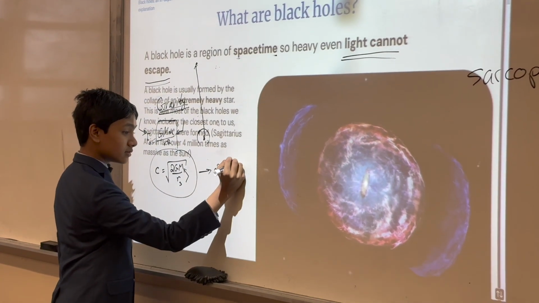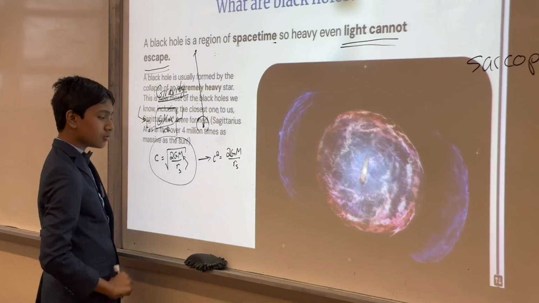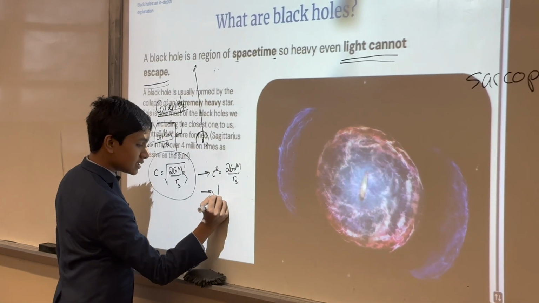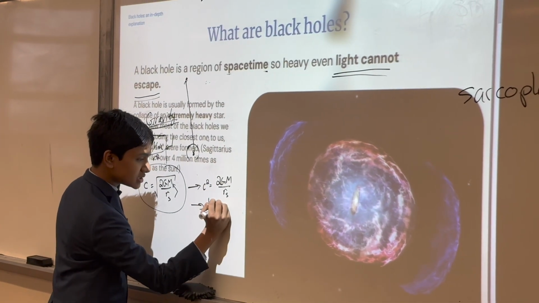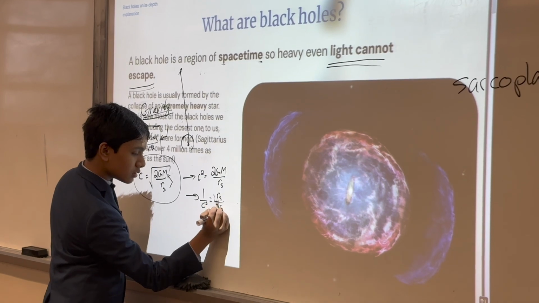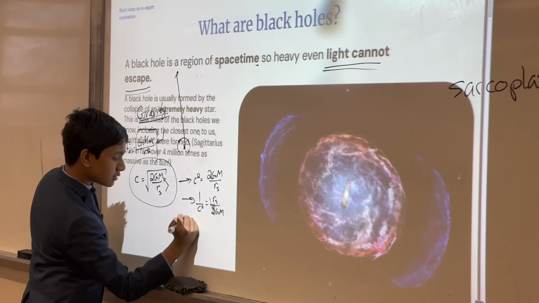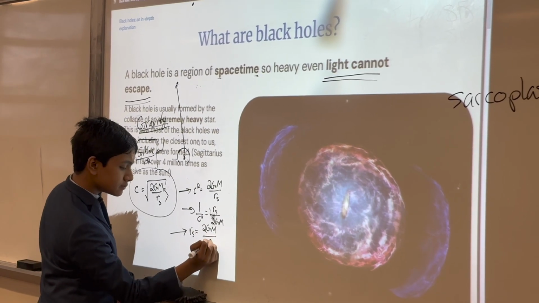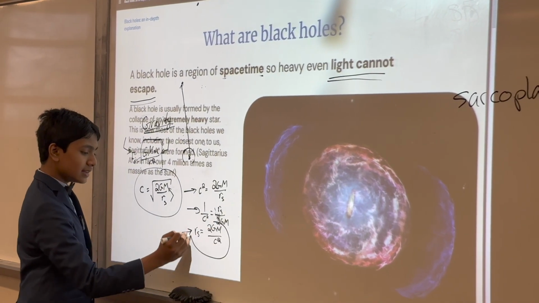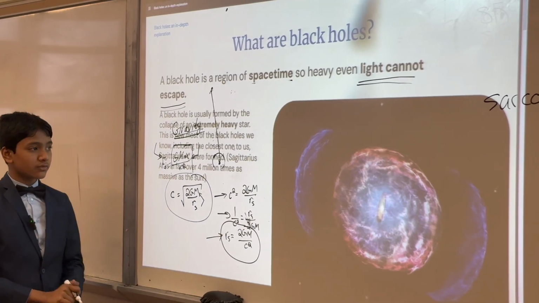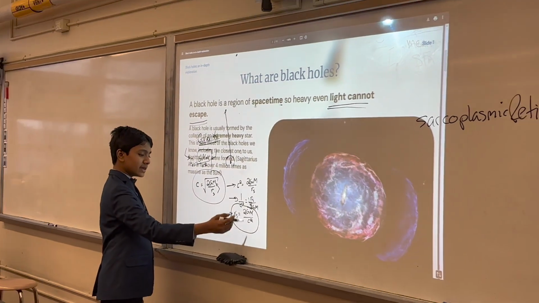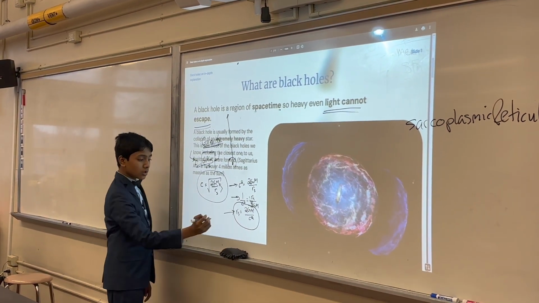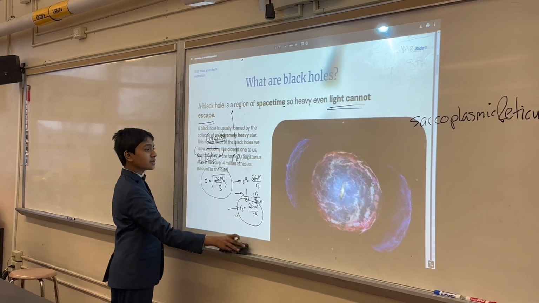And we get this equation after squaring both sides, this equation after taking the reciprocal, and this equation after multiplying both sides by 2GM. So this is the essential part of the black hole. This is the radius beyond which nothing can escape a black hole's pull, also known as the event horizon.